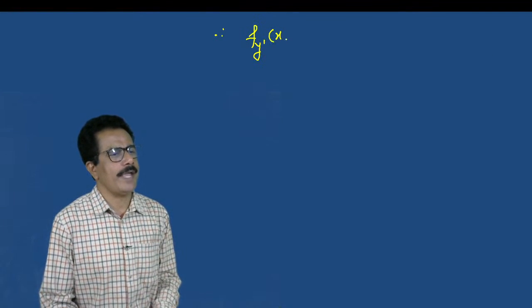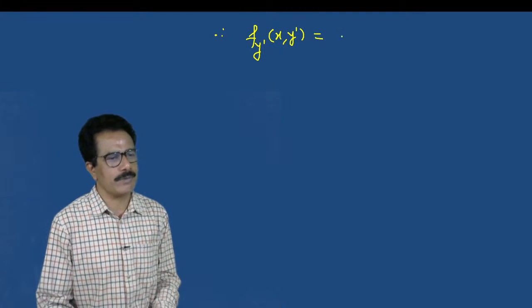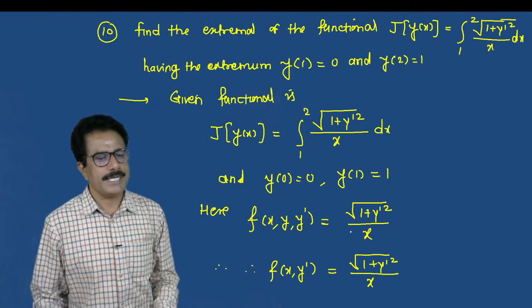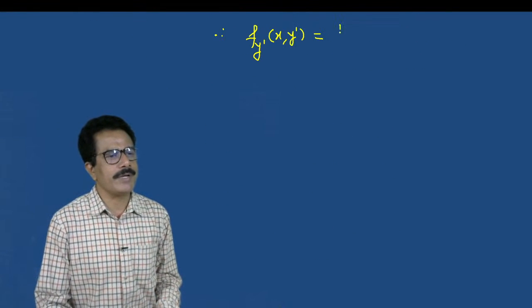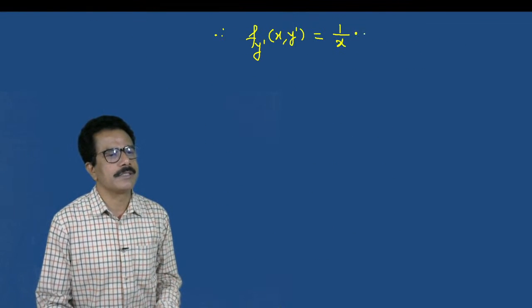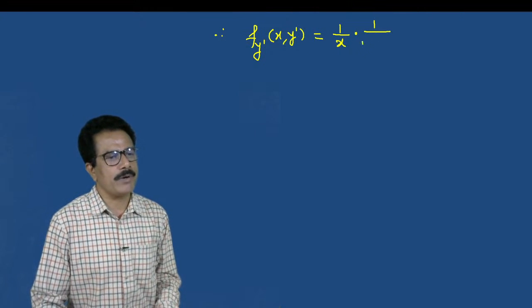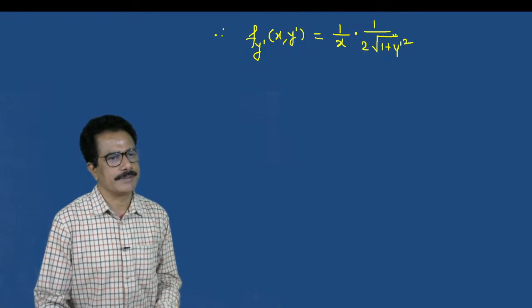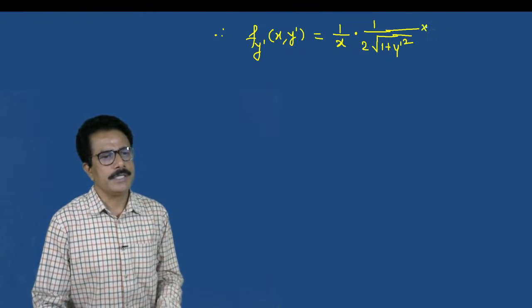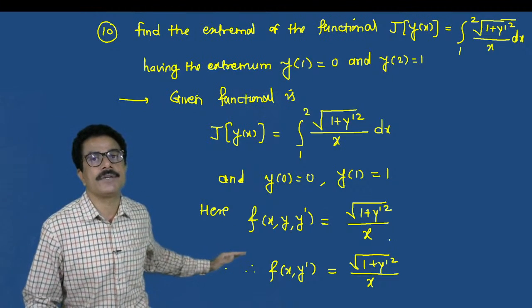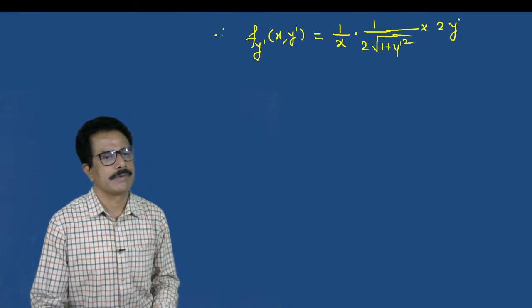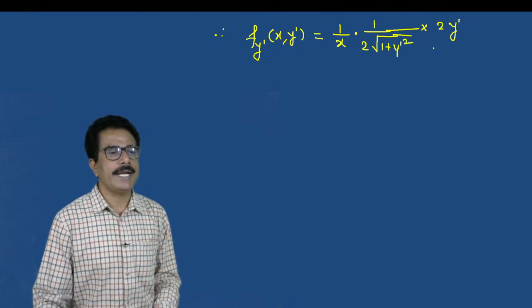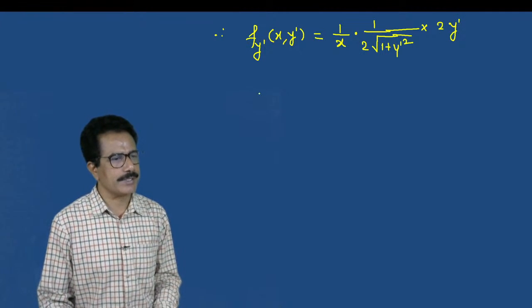So f y dash of x comma y dash which is equal to, आता याचा डेरिव्हेटिव्ह कॅल्क्युलेट करायचे with respect to y dash. So 1 upon x is in the product. रूटचा डेरिव्हेटिव्ह 1 upon 2 root 1 plus y dash square into, again we have to take the derivative of y dash square, that is 2y dash.